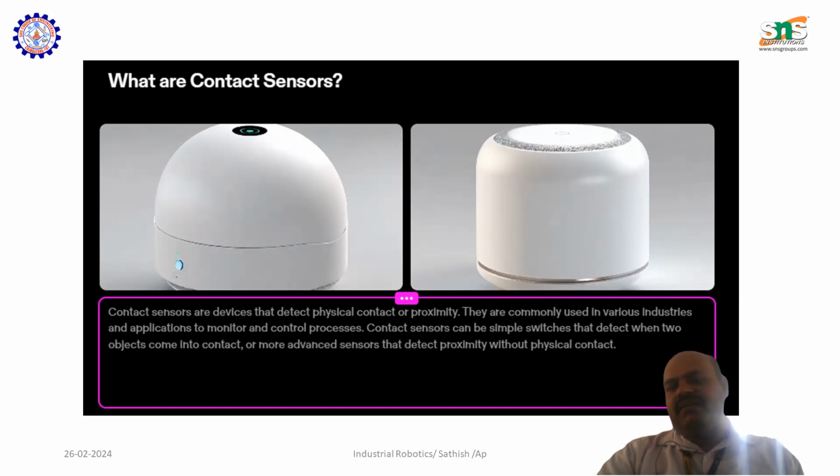So either we can have a very simple switch that physically contacts the surface, or without any physical contact we can measure the nearness of the object.